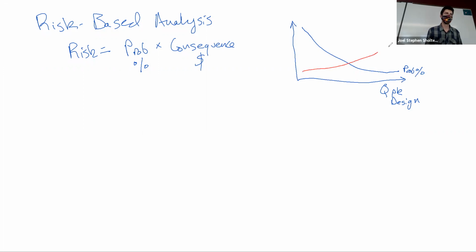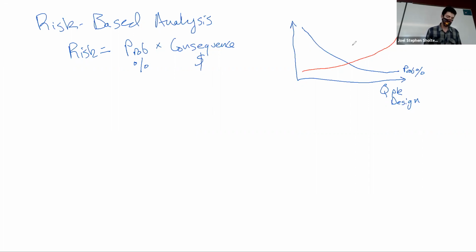Maybe the consequence curve looks something like this, where if we design the infrastructure to withstand a peak discharge of a given magnitude, the consequence is nonlinear, but it goes up. Obviously, if it fails when a bigger discharge comes, the consequence of failure is larger.